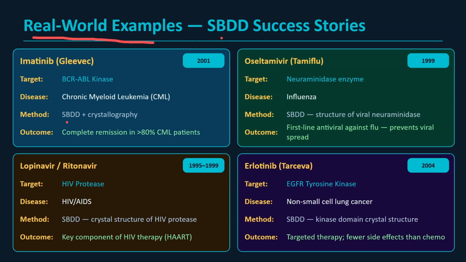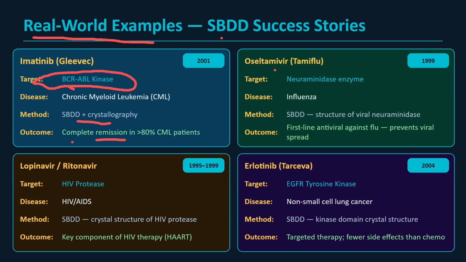Structure based drug design was used to design a molecule that fits perfectly into the pocket of this enzyme and blocks its activity. As a result, over 80% of CML patients went into complete remission, a revolution in cancer treatment.